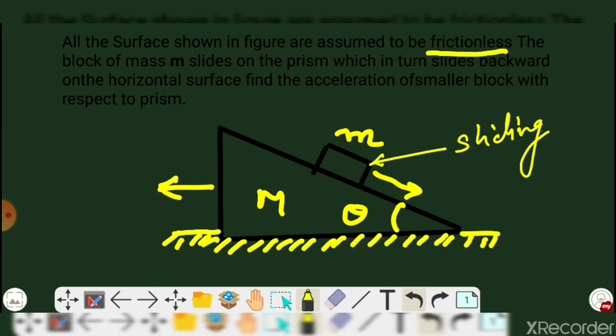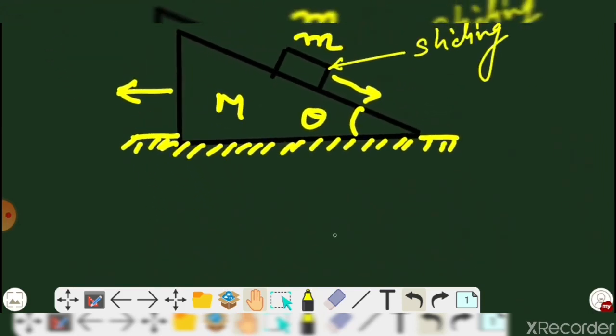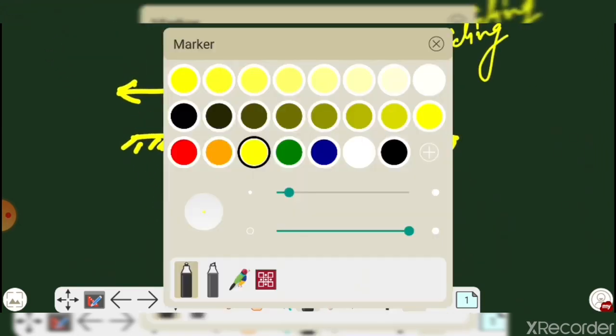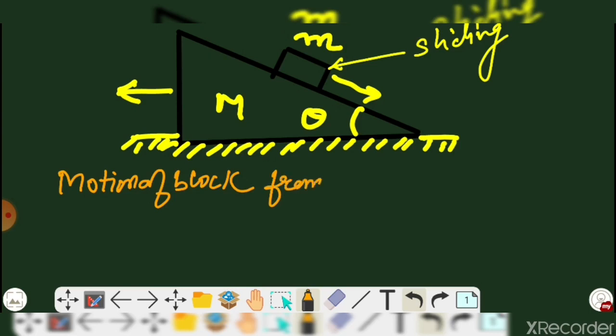So now let us consider the motion of the block from the prism frame of reference.